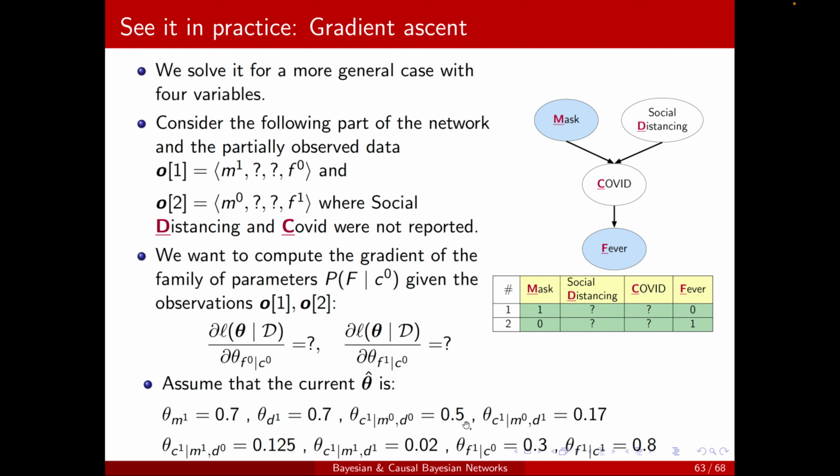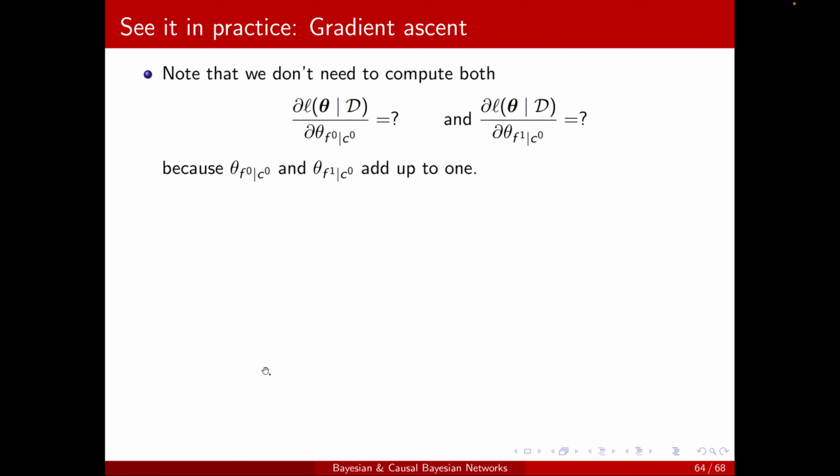Now we want to move to our next step, if you recall from the beginning slides, by using this gradient that we want to calculate here. So we want to update the parameters theta f1 given C0 and theta f0 given C0. Great. Now, just note that we don't need to calculate both of these terms because they add up to 1.